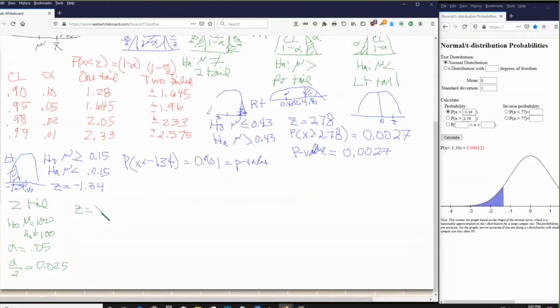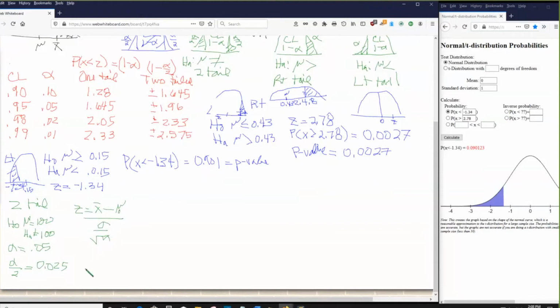Then to figure out the z-value, I'm going to take my sample mean minus the population mean, or the mean of the null, divided by the standard deviation divided by the square root of the sample size.